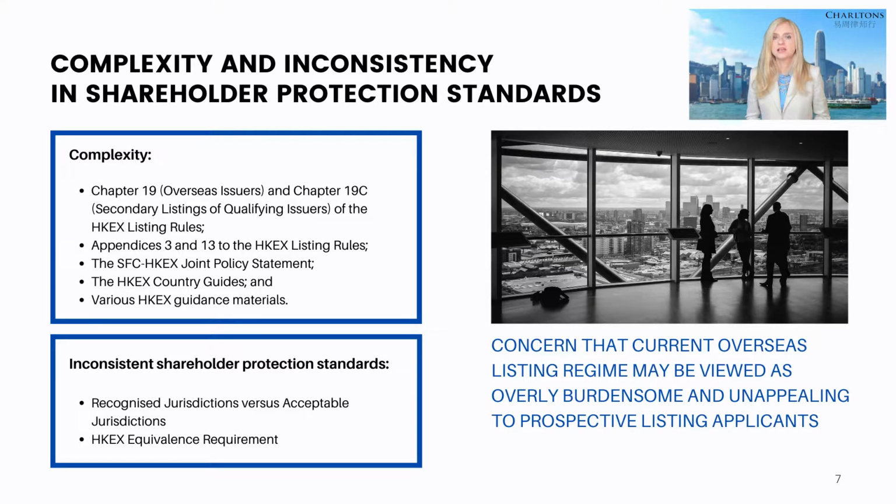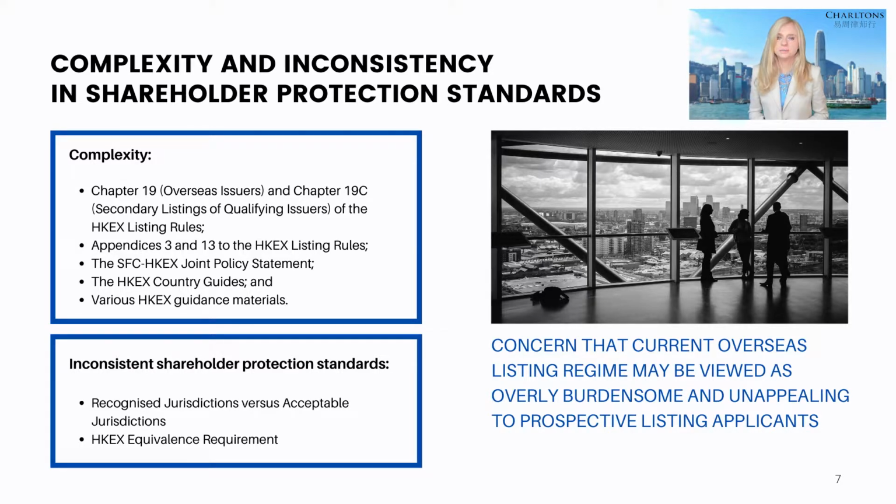As I mentioned, there are differences in the shareholder protection standards required of companies incorporated in recognized jurisdictions and those incorporated in acceptable jurisdictions. This is inconsistent with the Stock Exchange's objective of providing the same standards of shareholder protection to all investors.